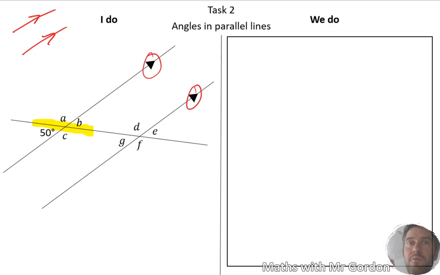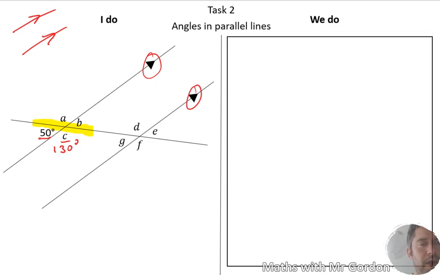So we know that on one side of that line, the angles must add up to 180 degrees. So 50 plus C will add up to 180 degrees. So 180 minus 50 means that C equals 130 degrees, okay?